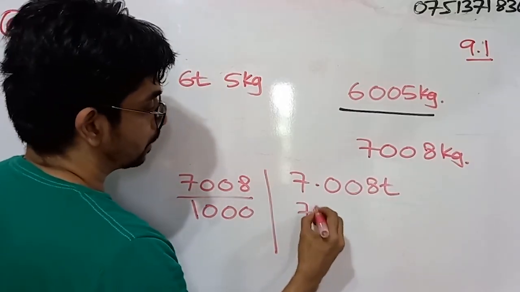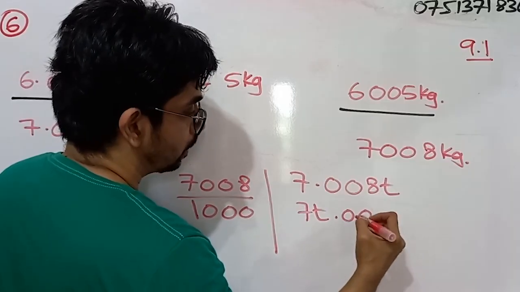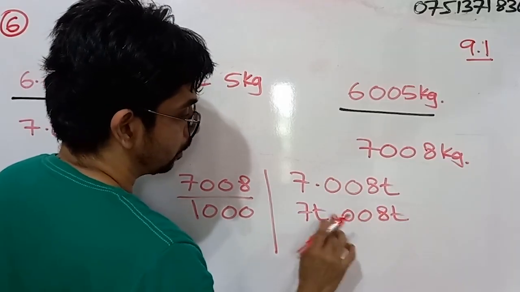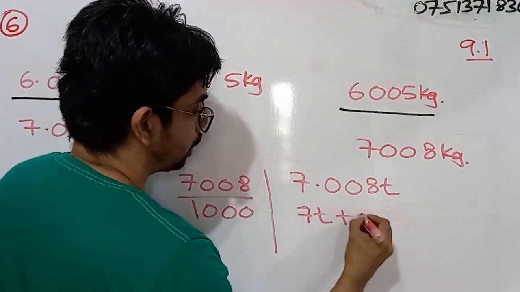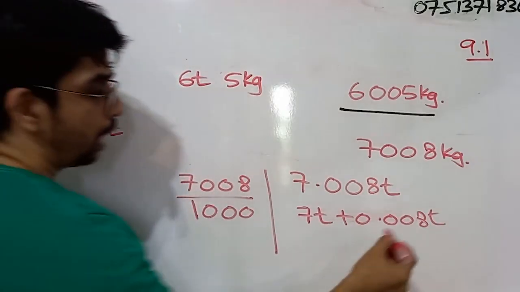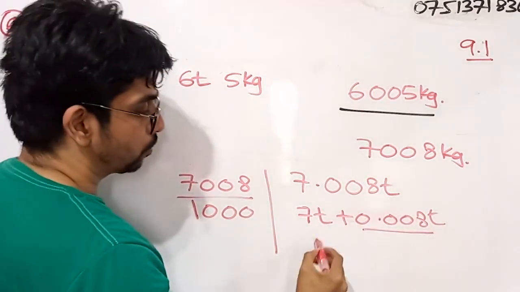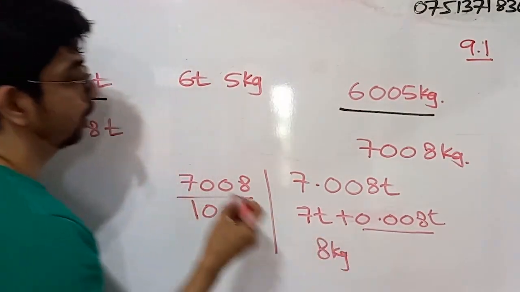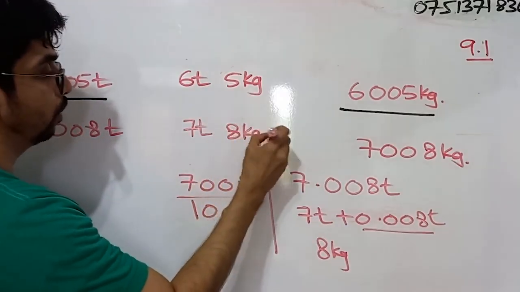So I can break it like this, 7 tons and 0.008 tons. Right, I will rewrite it. 7 tons and 0.008 tons. Then I will convert this amount into what? Kilograms. So this becomes what? 8 kilograms. Right? So 7 tons and 8 kilograms.